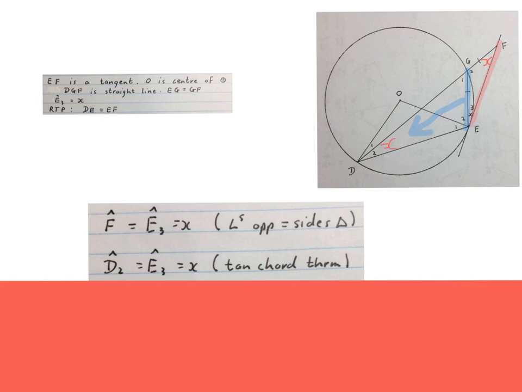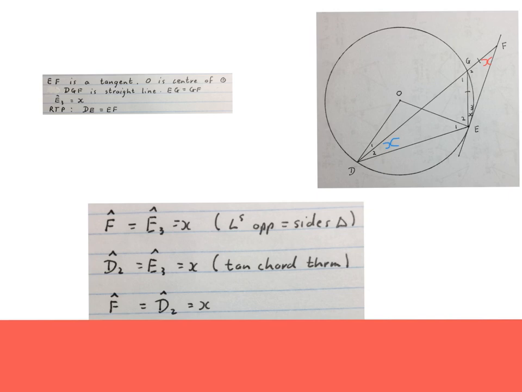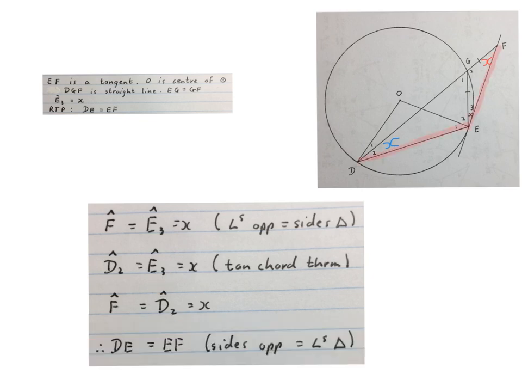So that's also X. Then we can write angle F is equal to angle D2 equal to X. They're both equal to angle E3. And then we write DE is equal to EF, sides opposite equal angles in a triangle. Because that angle and that angle are equal, the side opposite this angle and the side opposite this angle will be equal. Please stop the video and get your brain around this one.